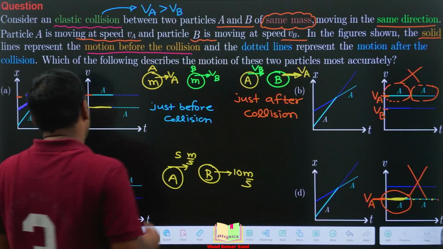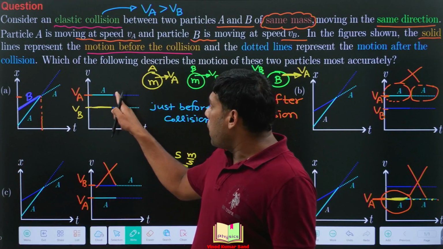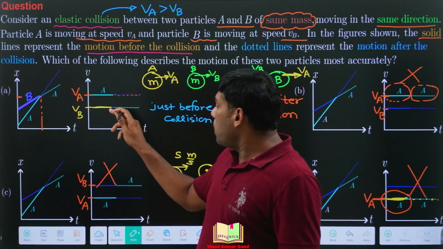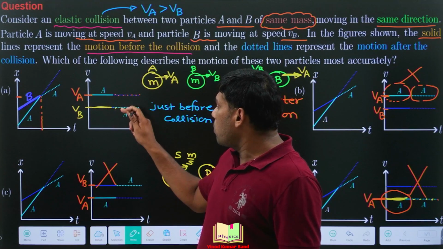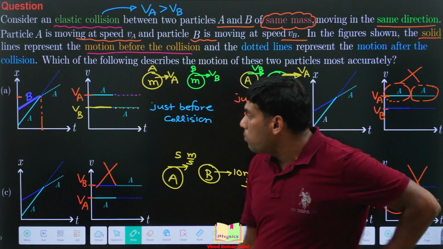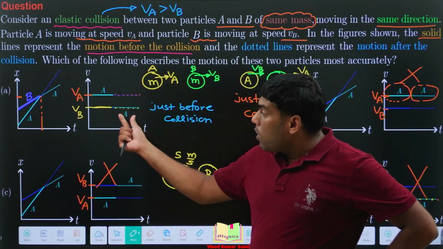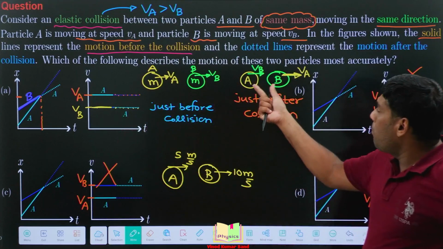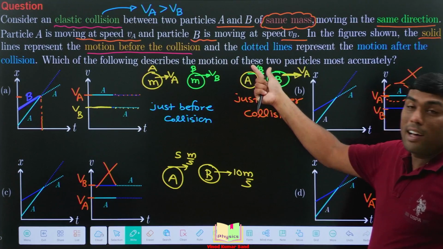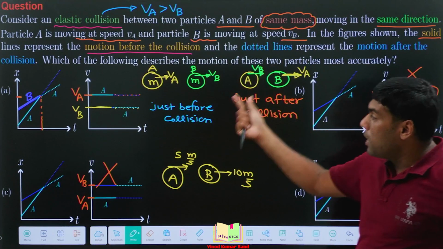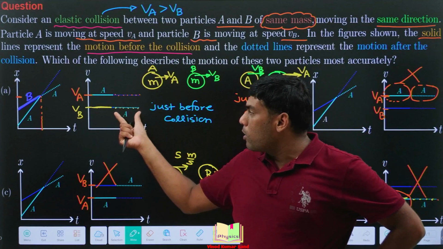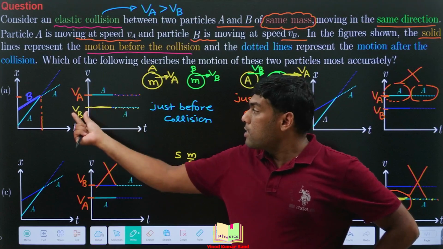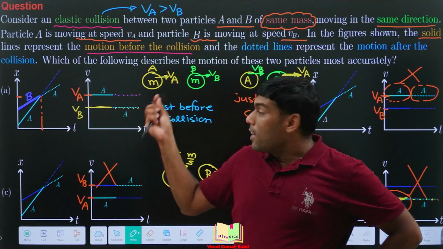If you look at the dotted part here, this is a dotted part of the graph. Similarly, this is a dotted part of the graph. After the collision, the particle A has how much speed? After the collision, the particle A has the speed equal to VB. The dotted part of the graph, which is now showing for A, has the speed VB.